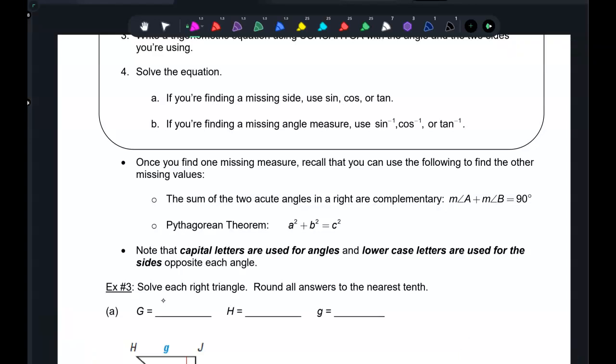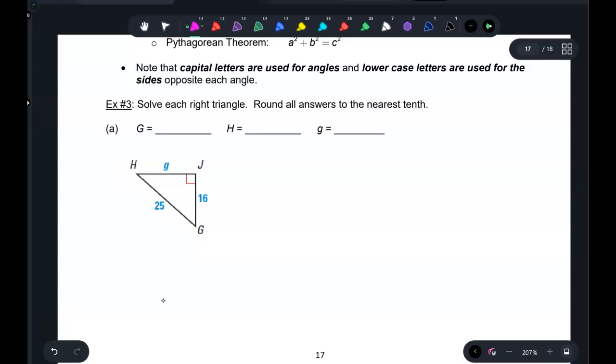What do all three have to add up to? 180. And if it's a right triangle, then the two smaller angles have to add up to 90. We still need the Pythagorean theorem, a squared plus b squared equals c squared. And we're going to use capital letters for all the angles, and lowercase letters for the sides.